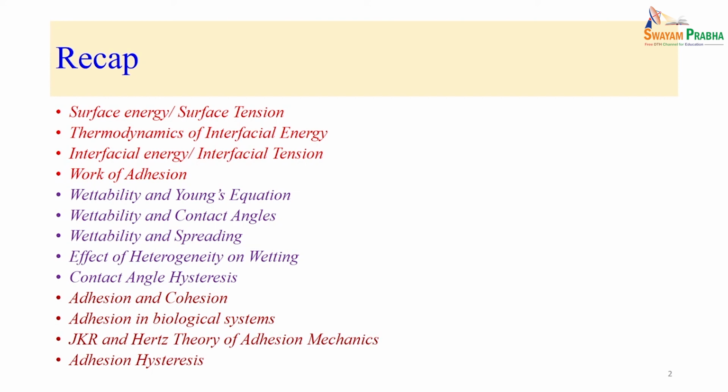So, in today's lecture we will talk about the various methods for surface tension measurements. As you remember, the surface tension or surface energy is related to the work of adhesion, and work of adhesion is related to intermolecular forces or intermolecular interactions.